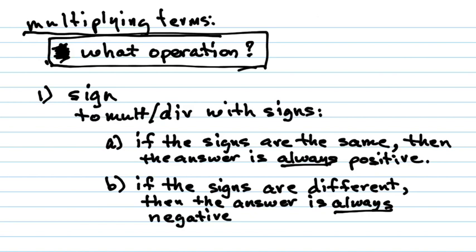So what if I'm multiplying and the signs are the same? The answer is a positive. What if I'm dividing and the signs are different? It's negative. Okay? And we always want to get the signs done when? First. Exactly. It's the first part of the term.